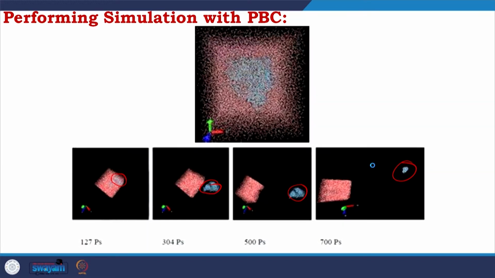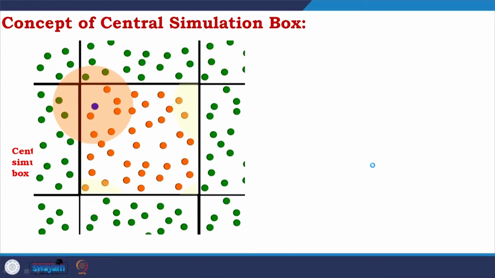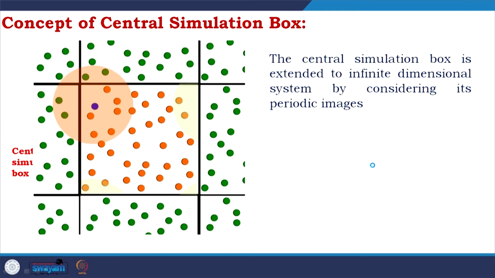So what you have to do, in addition to applying the boundary condition, is develop a central simulation box and then replicate that around. You have to make layers. Now, you have to remember, as I told, they could be going from the central box to the other one, as you could have seen here. The central simulation box is extended to an infinite dimensional system by considering its periodic images.